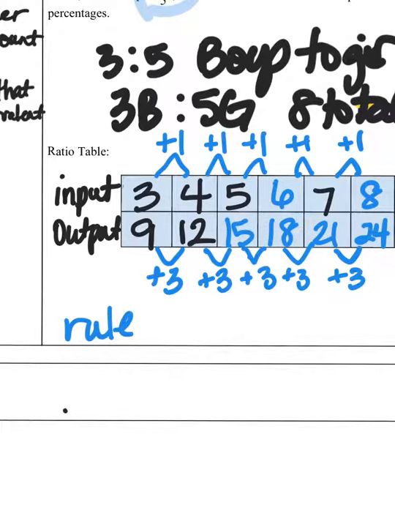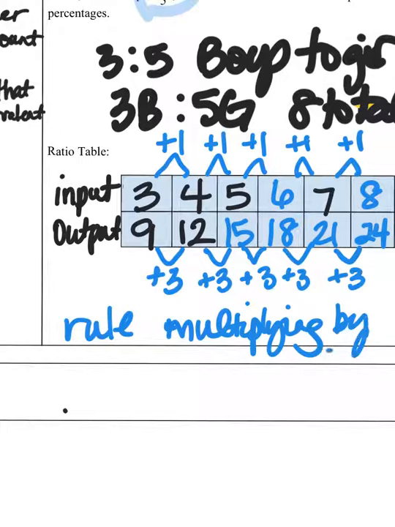The rule is that you are multiplying by 3. In a ratio table, you can determine the rule always by dividing your output by your input. And in a ratio table, that answer has to be the same every time.